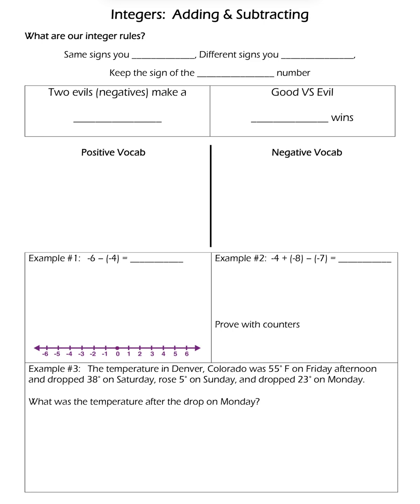So what are our integer rules? Remember, if we have same signs, we are going to add. Same signs means we have two positives or two negatives, okay? Remember that different signs, meaning we have one positive and one negative number, we will subtract.